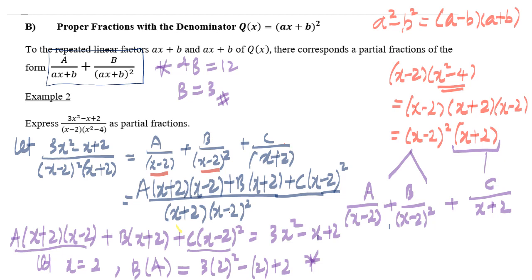Right, then the next step is, okay, I'm going to let x equal to negative 2. Because if I let x equal to negative 2, I can eliminate a. I can also eliminate b. So that I can find the value of c.